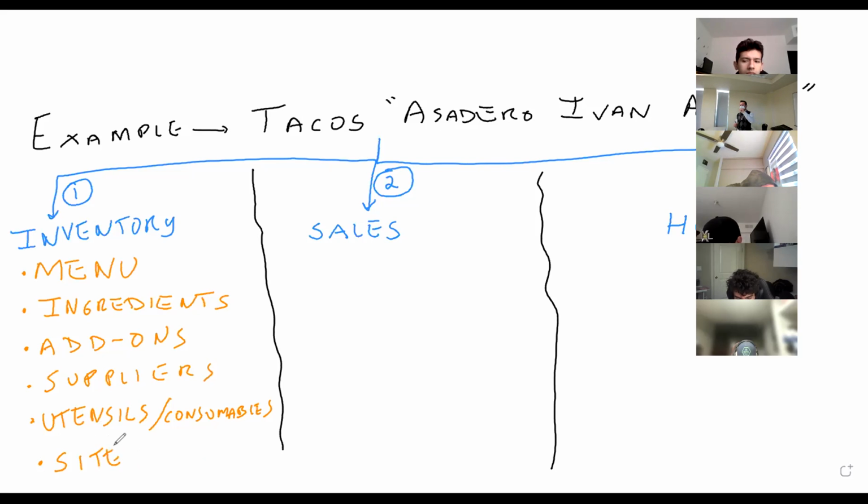So is this the taqueria? Are we looking at inventory for the Mexicali taqueria located in Boulevard Lázaro Cárdenas, or are we doing it for the whole? So the site might be important as well.